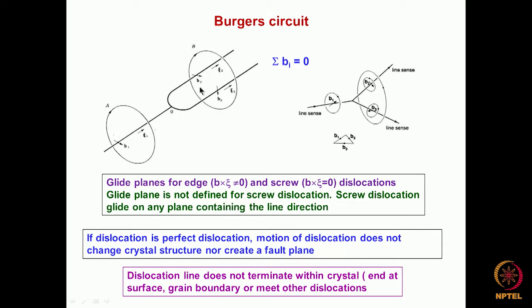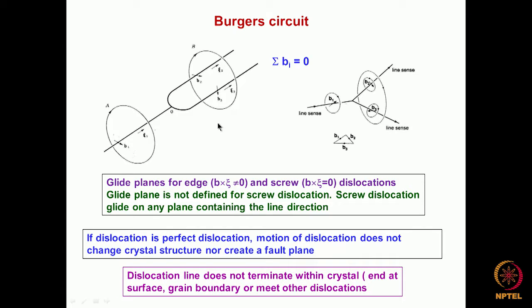In the region which contains the dislocation which has split, you take a Burgers circuit encompassing both the dislocations together. If we do the Burgers circuit around these two dislocations, encompassing both of them, the Burgers vector which we get should be the same, because the material continuity has to be maintained.